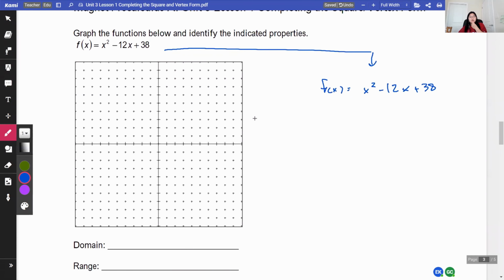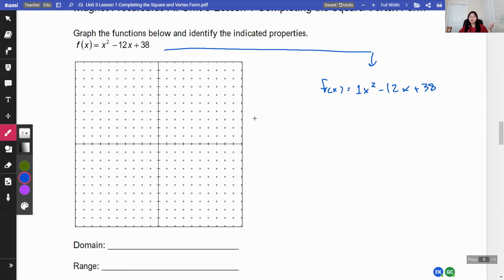Well, effectively, we need a perfect square trinomial and something else. What I'm seeing is we have a leading coefficient of 1, so that's nice. And then we have negative 12 as our b term. So we need to figure out how to make negative 12x part of a perfect square trinomial.